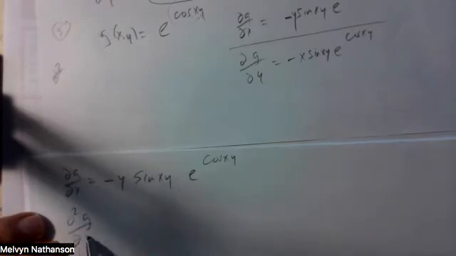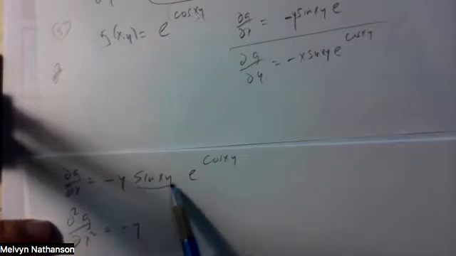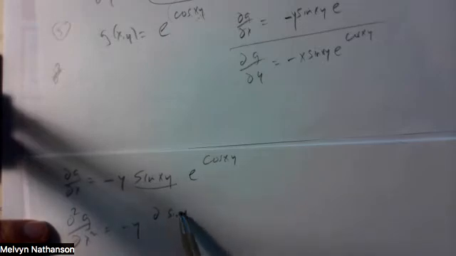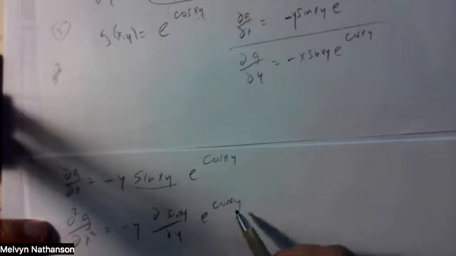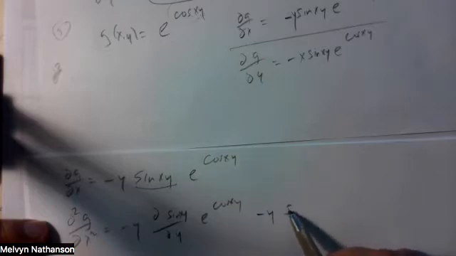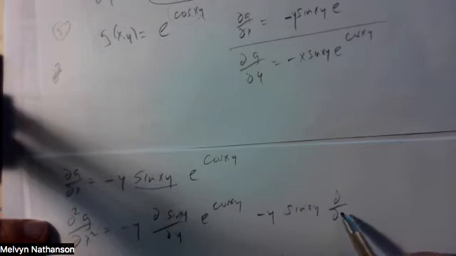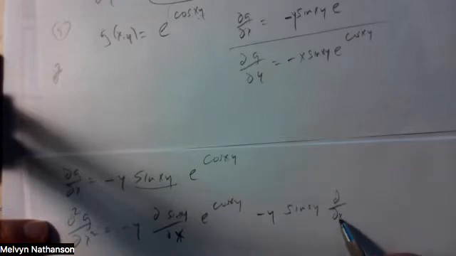So if I differentiate this again with respect to x, it's minus y, just by the product rule, the partial of sine of xy with respect to x times e to the cosine xy, minus y times the sine of xy times the partial with respect to x of e to the cosine xy. Right?